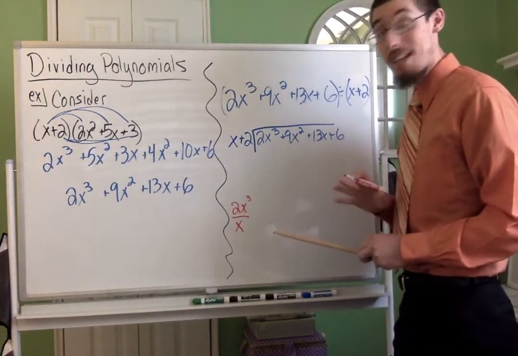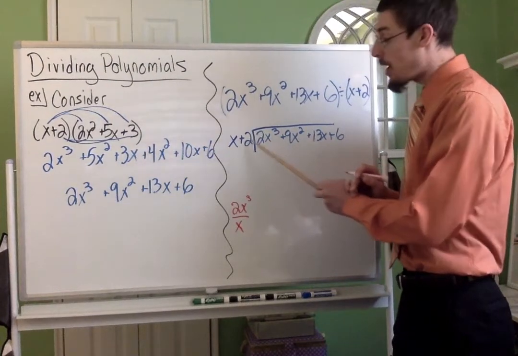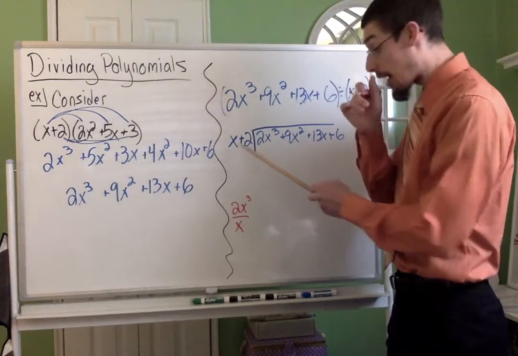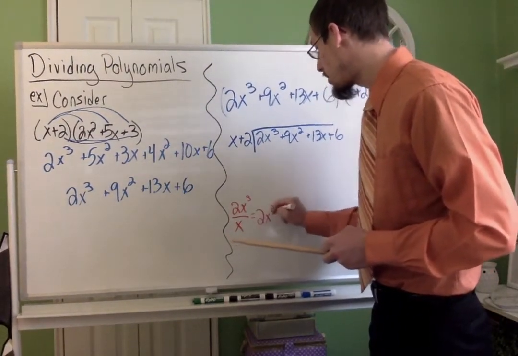So look at what I did. I took 2x to the third, the first term, and I divided it by the first term on the outside. Now the result of that is going to be 2x squared.